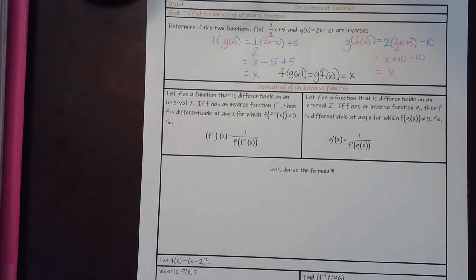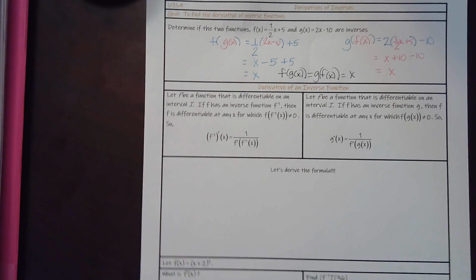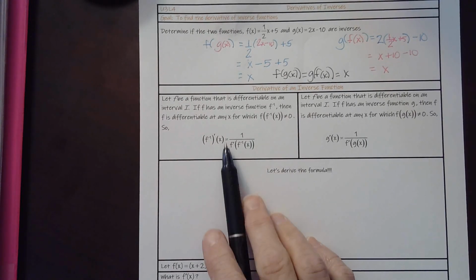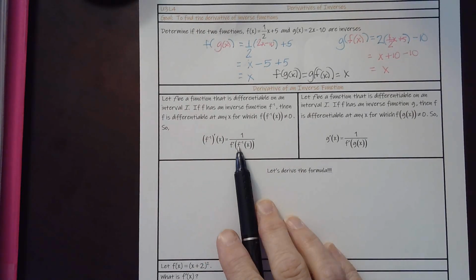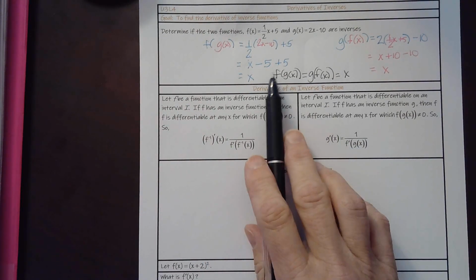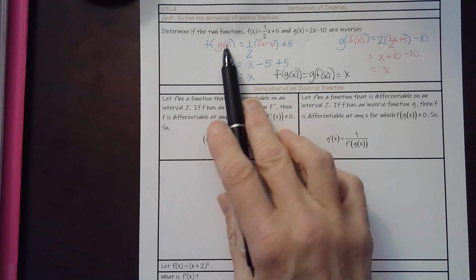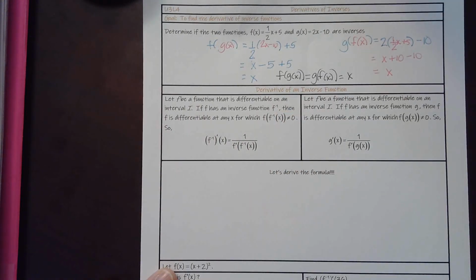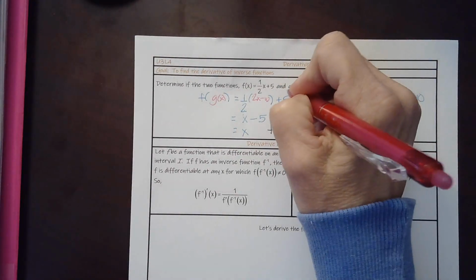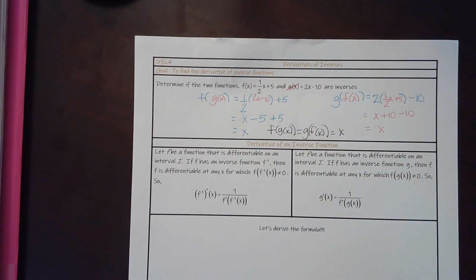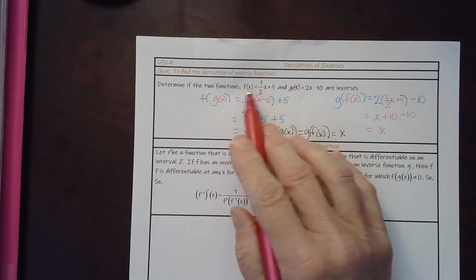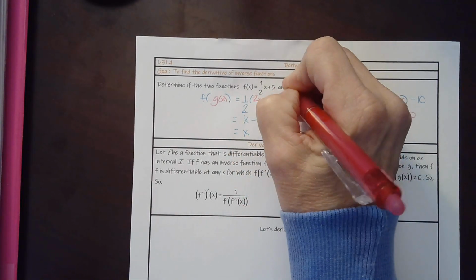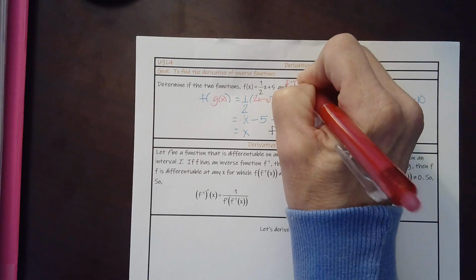So the two composite functions both reduce down to x, and that is what indicates that those two functions are inverses. So here's the definition of the derivative for an inverse, and I've used 2 different notations, because up here we talked about f and its inverse being f and g, but this could have been written not as g of x, but because it's the inverse, I could write it as f inverse of x.